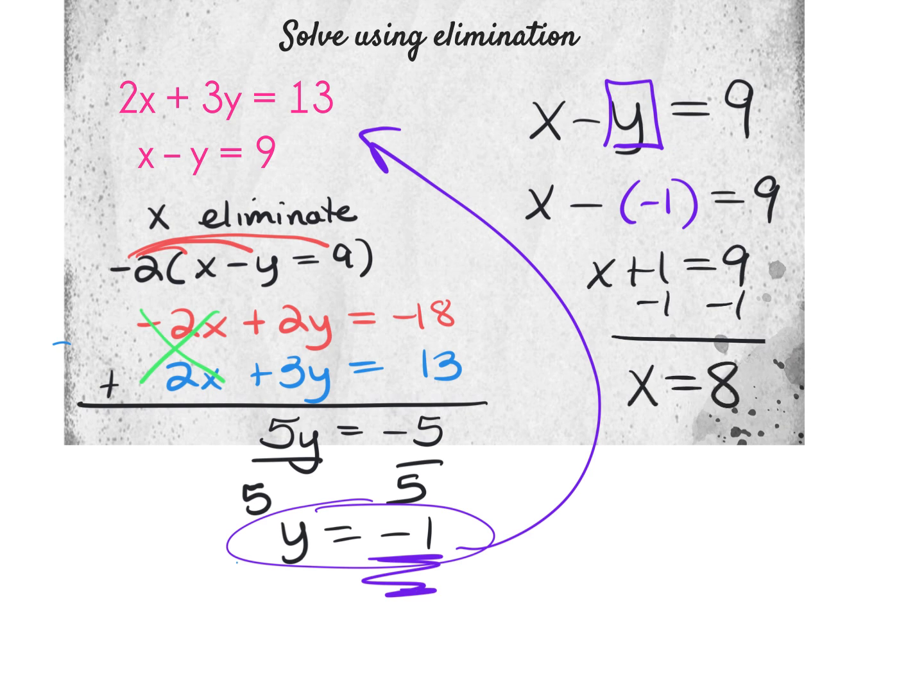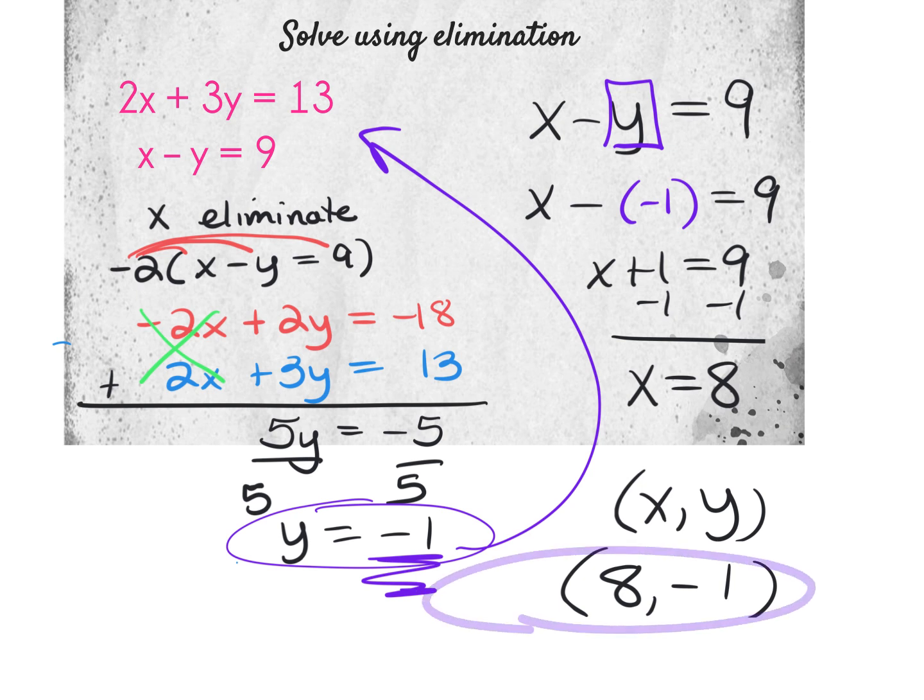You are now going to write it as an ordered pair, because the solution to this system is the point of intersection. And it is the ordered pair (8, -1). It's important that when you're doing the solving process, you're writing neatly and you remember which variable you're solving for first.